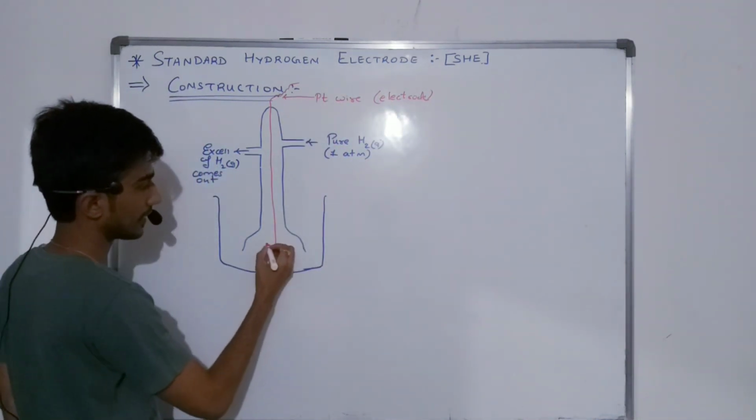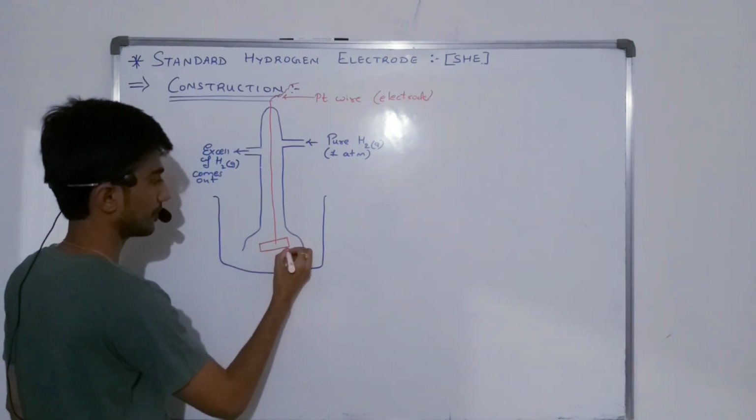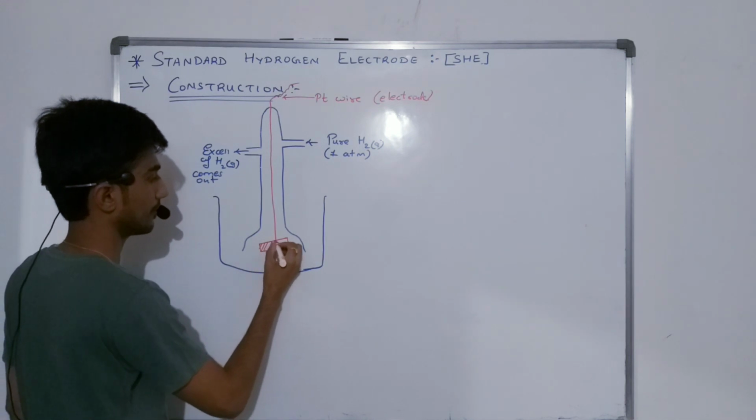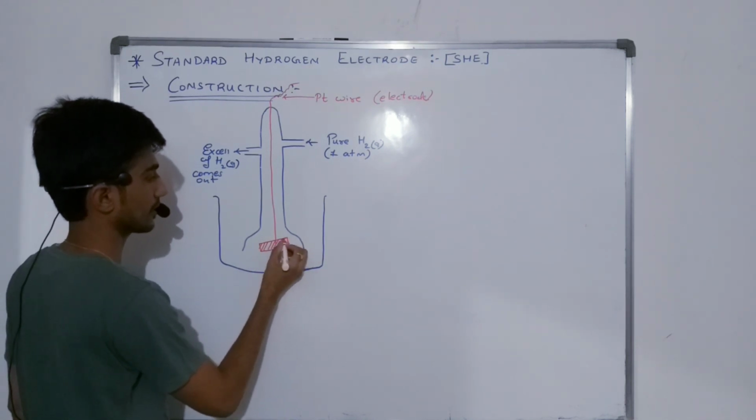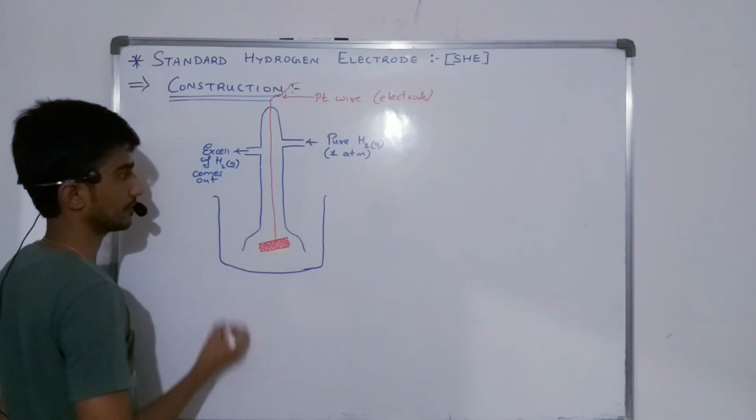At the end of this electrode, platinum black foil is being attached, connected. Platinum black foil is being connected, right?